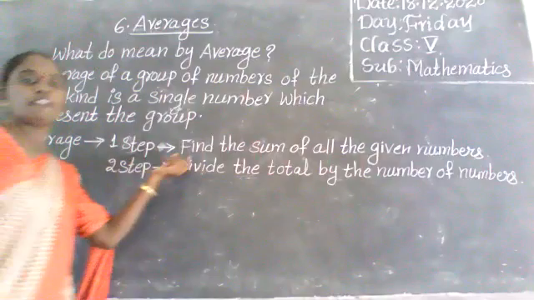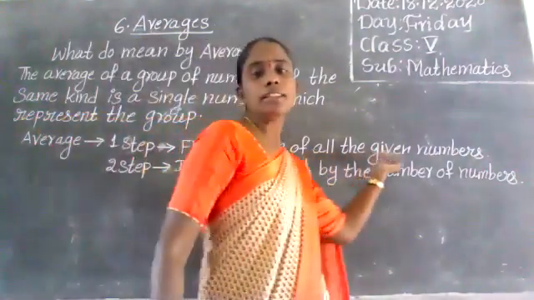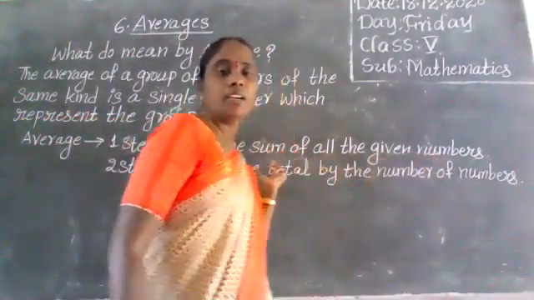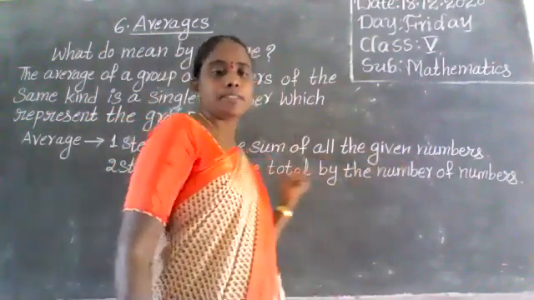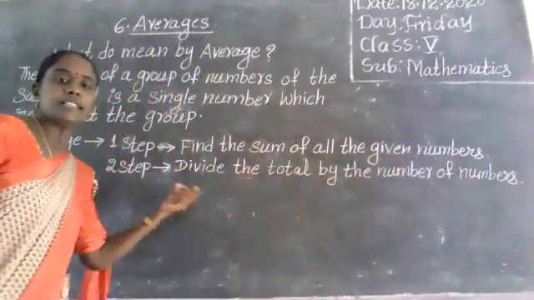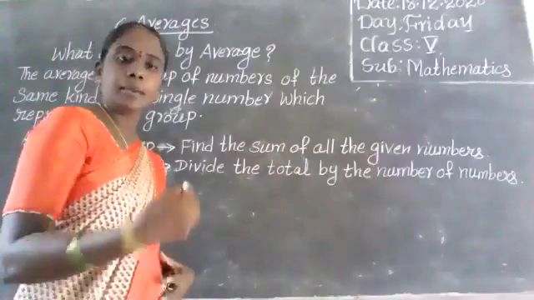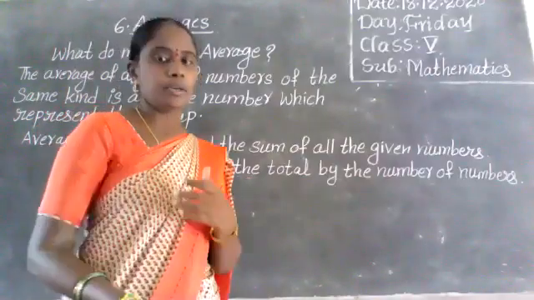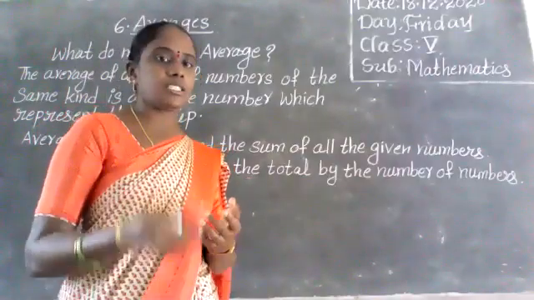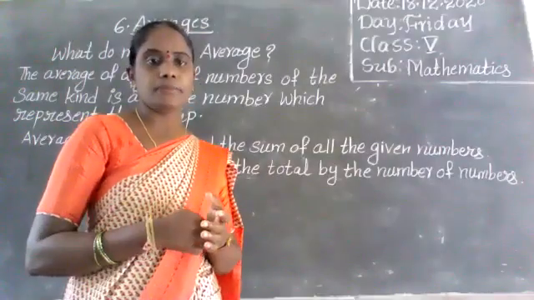First step is find the sum of all the given numbers. Next, second step is divide the total by the number of numbers or number of articles, number of things, number of observations.